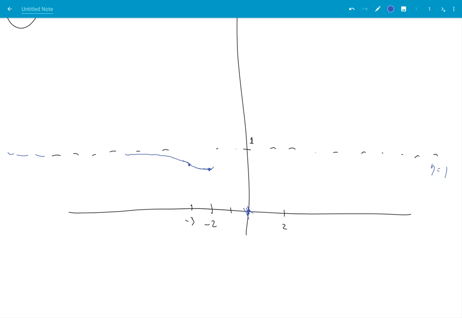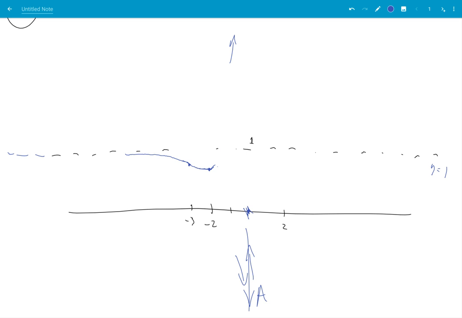What's next? Vertical asymptote, the y-axis, x equals 0. So my function is either doing this or it's doing this. Well, you see how my function has already started to curve back up. So I'm just going to continue and connect the dots like that.